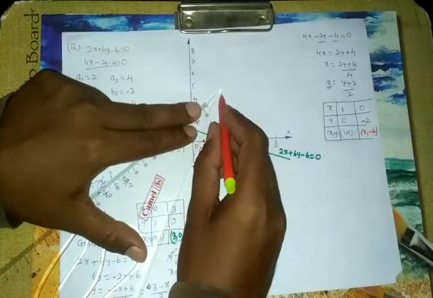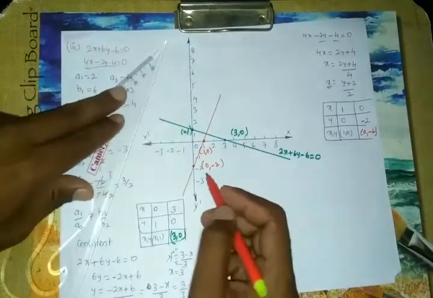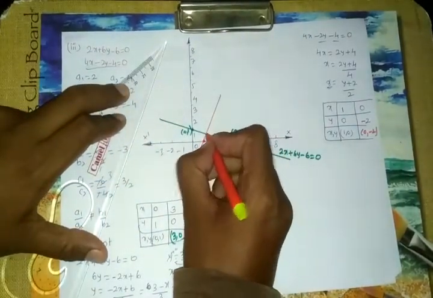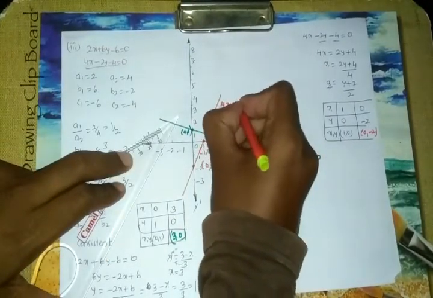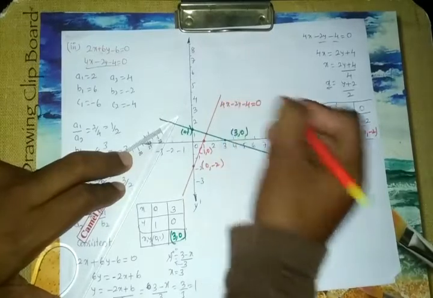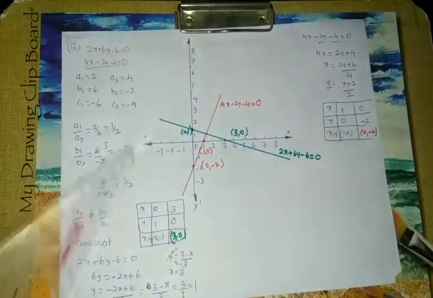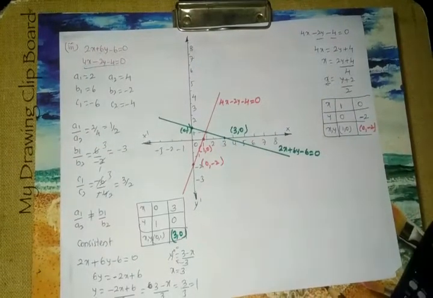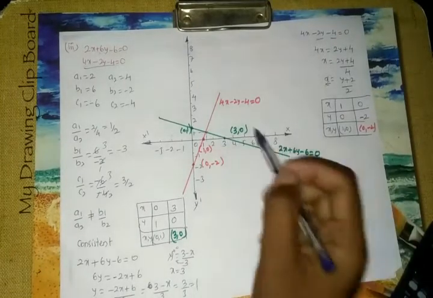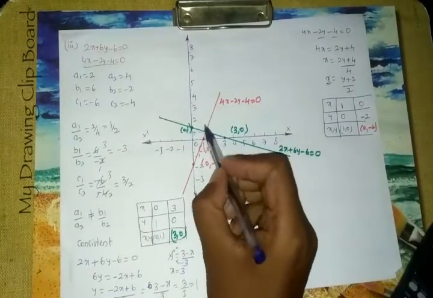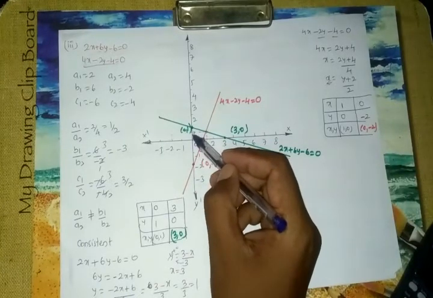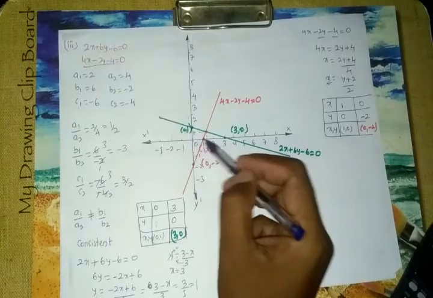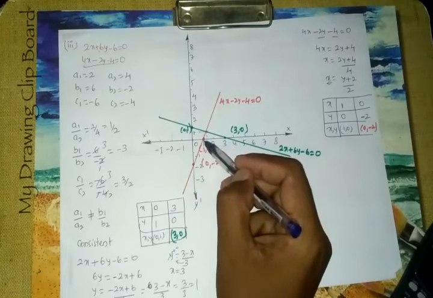It will intersect at a point. This line represents the equation 4x minus 2y minus 4 equals 0. The intersection is somewhere in between 0 and 1 on the y-axis. It is going above 0.5, and along this side it is going above 1.